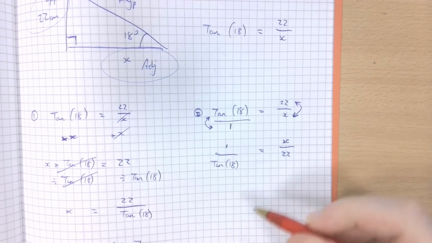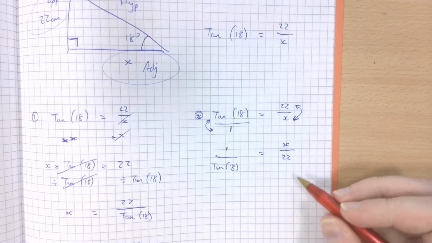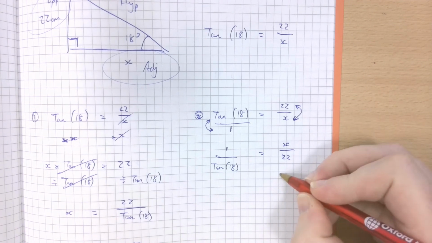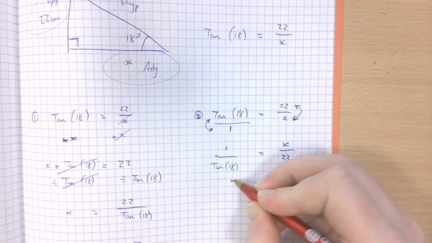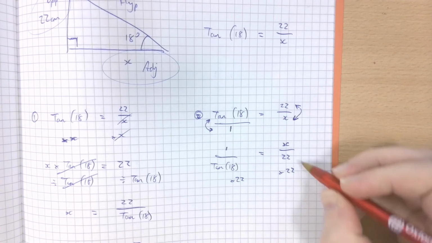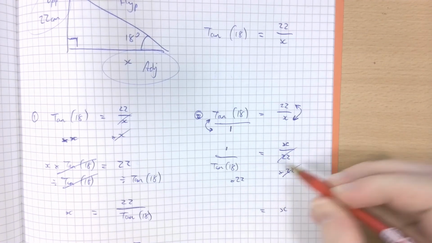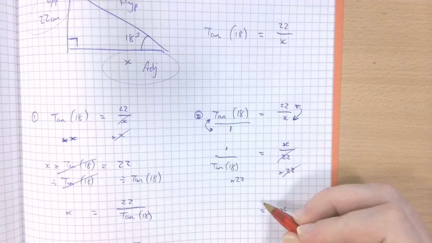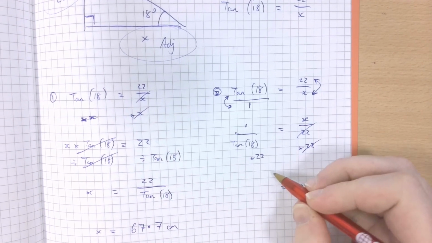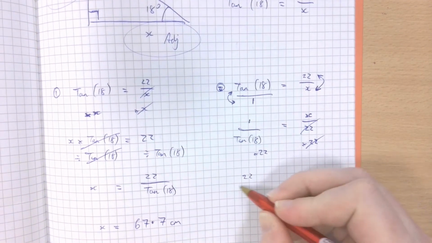Now, just as I said earlier, the unknown is on the top half now, so I can now times both sides by 22. Cancels out that bottom half and leaves me with x there, and then 22 lots of 1 over tan 18 is 22 over tan 18.